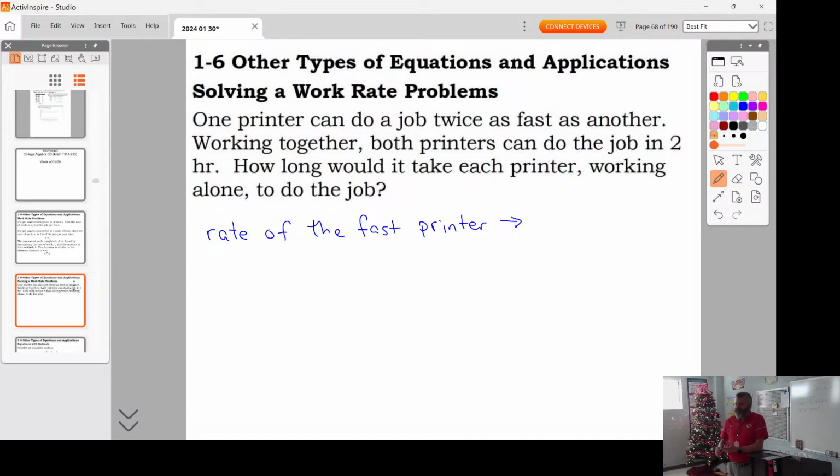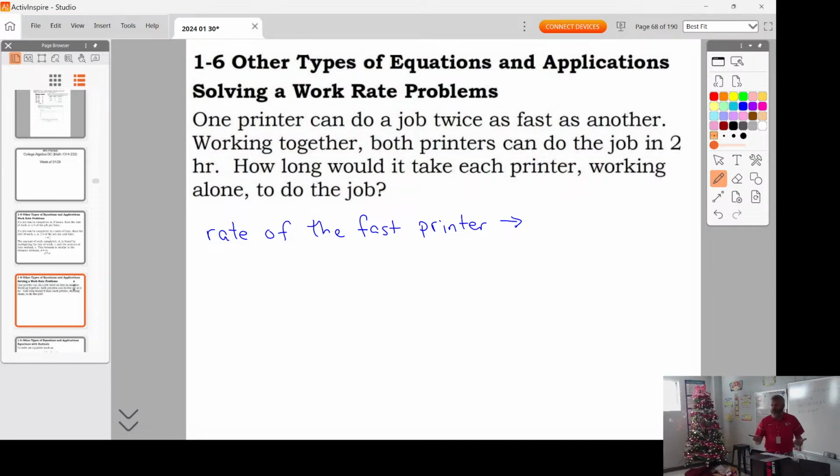Remember, rate is 1 over the amount of time it takes it to finish the job. That's the definition. Do we know how long it's going to take the fast printer to finish the job? No, we don't. So what would we do in the case of an unknown?